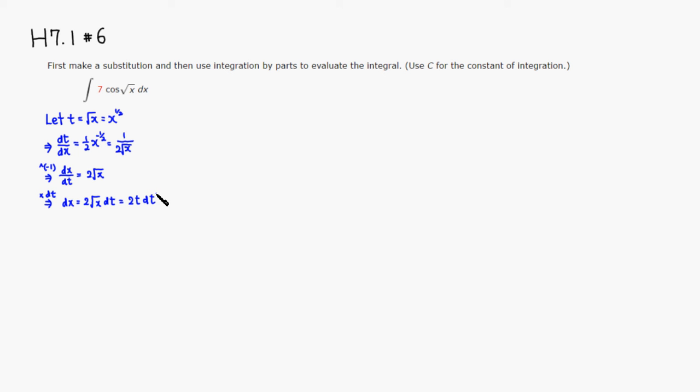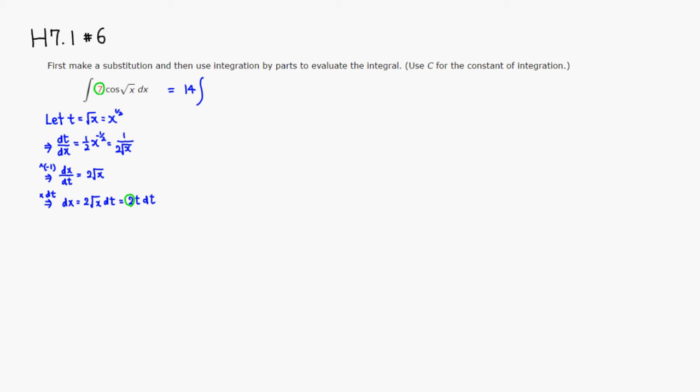Alright, so using this substitution, let's rewrite this integral in terms of t. I'm going to take care of the 7 right now. The 7 here, and dx is 2t dt, so 2 there. Combine, so 14 is there.